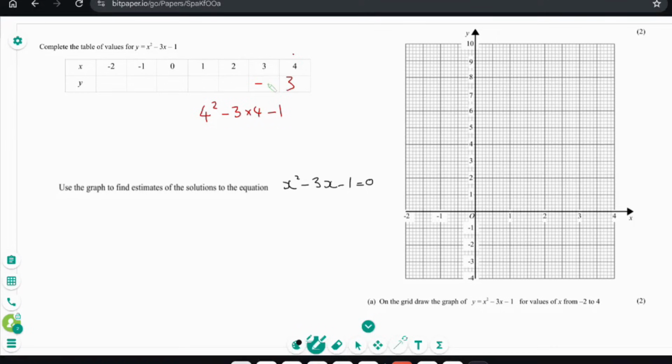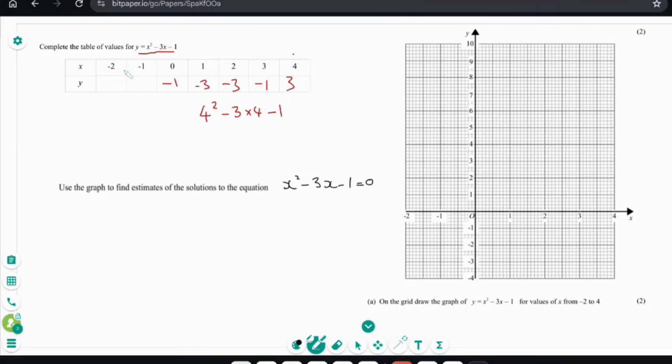So I'm using this equation here to generate my values for y by replacing the x's. 2 squared minus 3 times 2, take away 1. 1 squared minus 3 times 1, take away 1. 0 squared minus 3 times 0, take away 1.